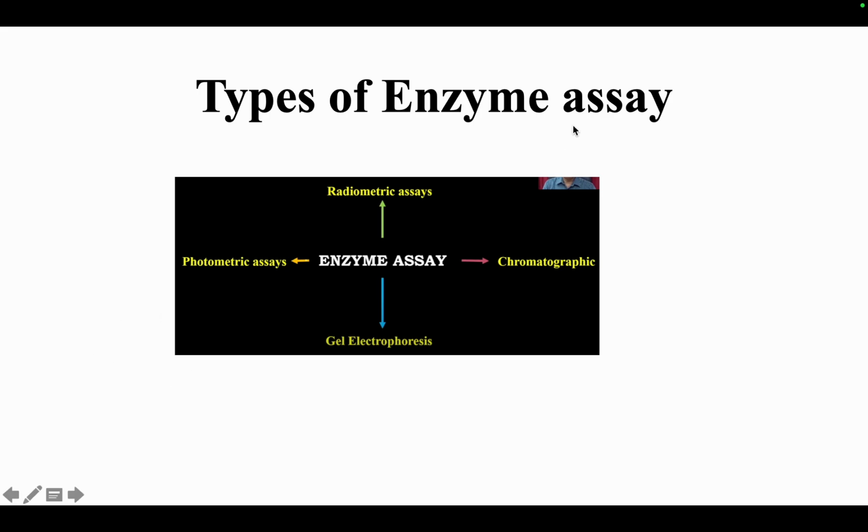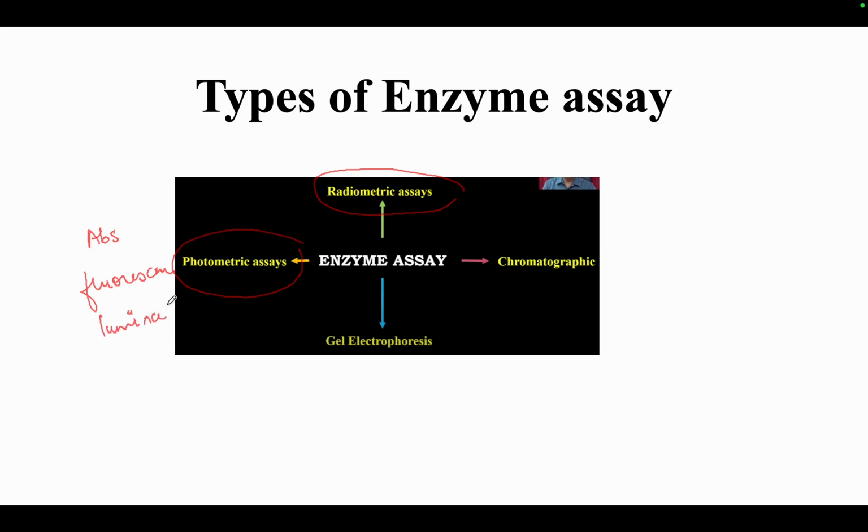Enzyme assays can be divided into 4 types. Radiometric assay, which uses radioactive isotopes. Then we have photometric assay, in which we measure absorbance, fluorescence, and luminescence.